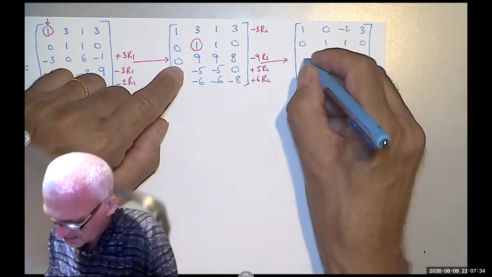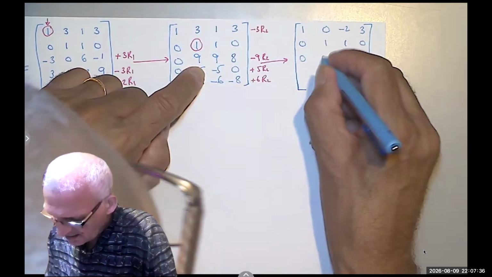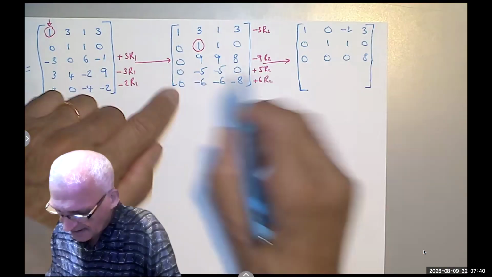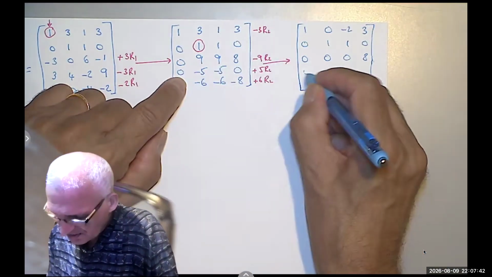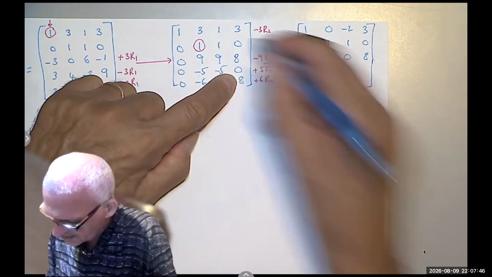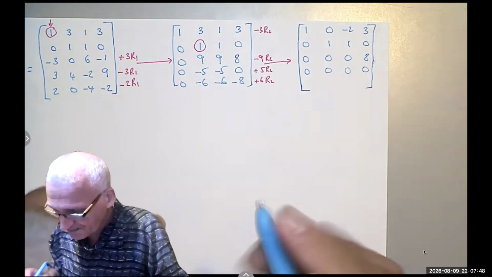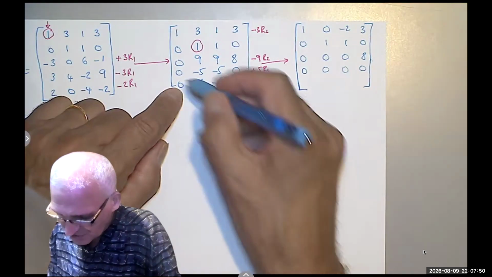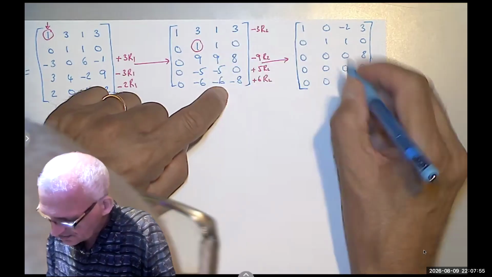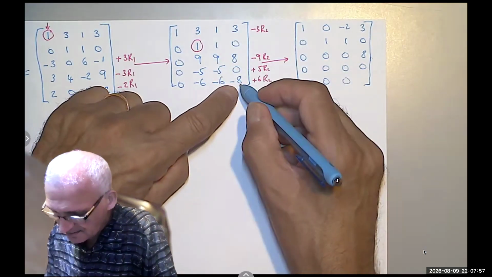So 0 minus 0, 9 minus 9, 9 minus 9, and 8 minus 0. Here I'm going to add 5. So 0, -5 plus 5, -5 plus 5, and 0 plus 0. I get a row of zeros. And here I'm going to add 6. So 0, 0, 0, and -8.